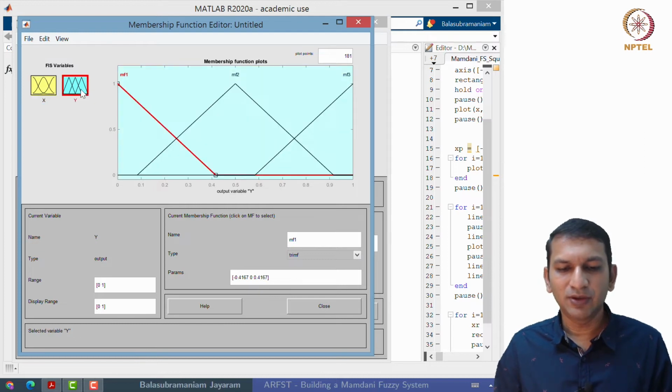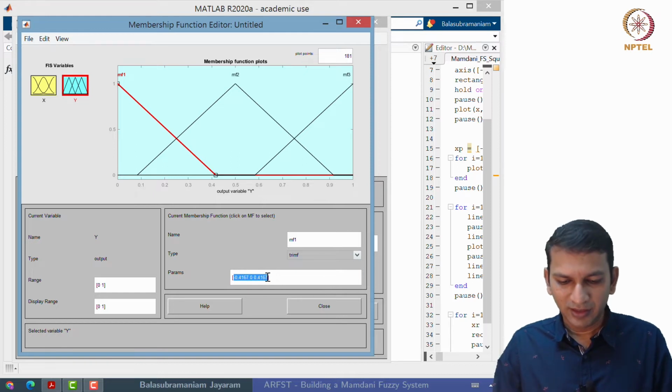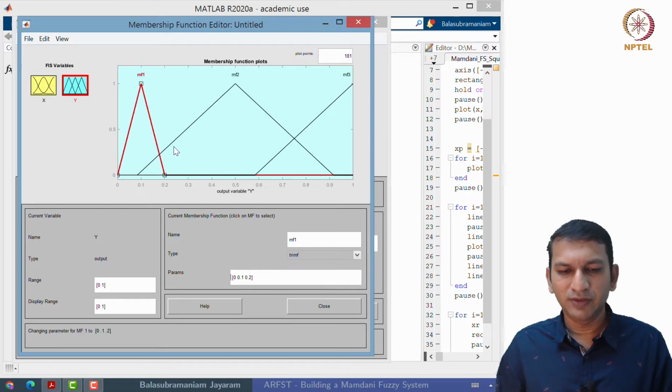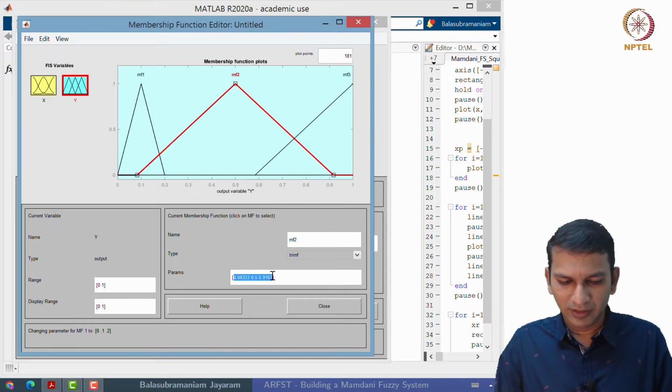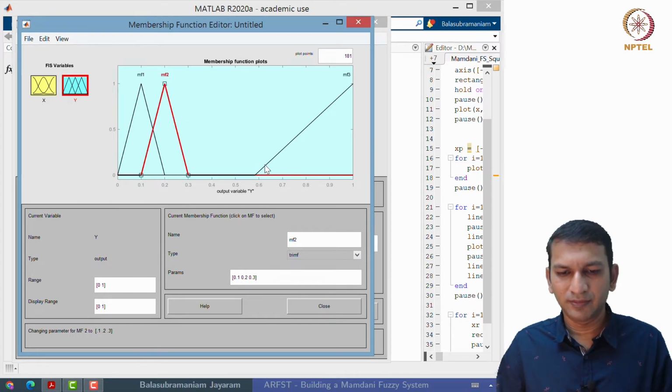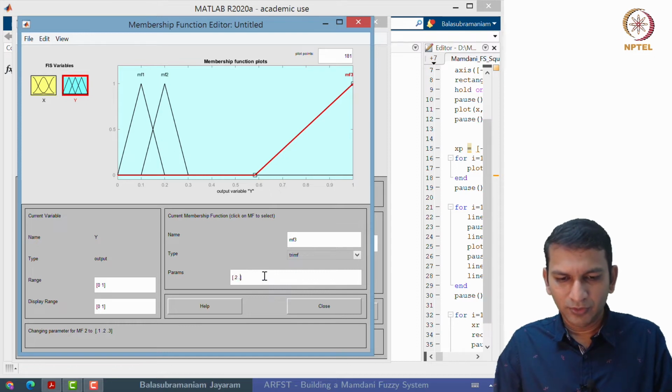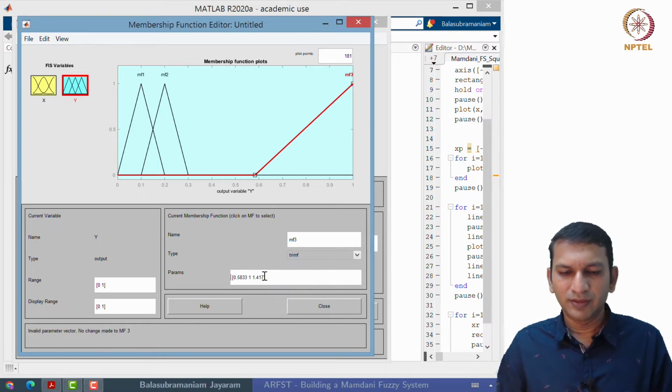Let's do the same also for the output. So this is 1, which means by our convention we'll do this. 0.1, 0.2, 0.3, 0.2, 0.3, 0.4.